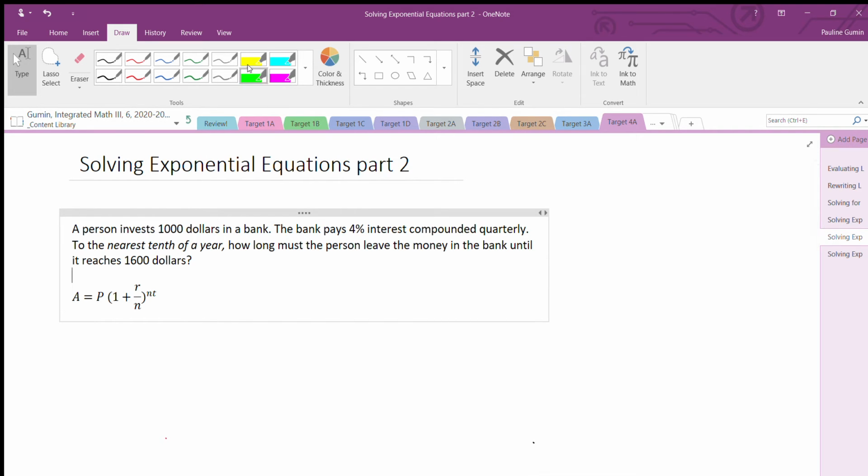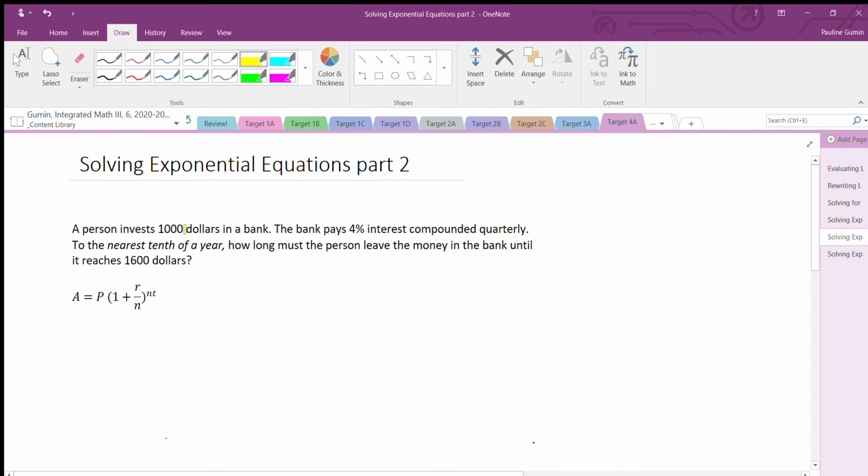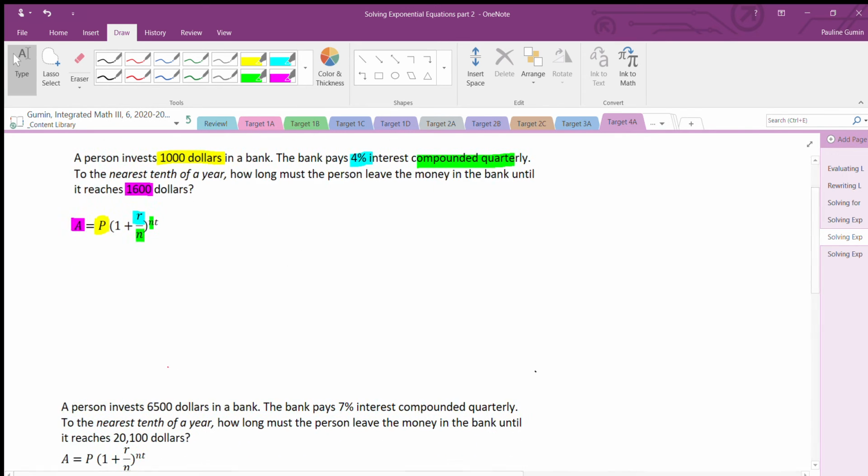All right. So we put in $1,000. That is our P, our principal, how much we put in. We're also told that we have 4% interest, that's R, which is our rate. It's compounded quarterly, which is how many times per year, and that's our N. And lastly, we have a goal of $1,600, that would be A. Let's plug everything in.